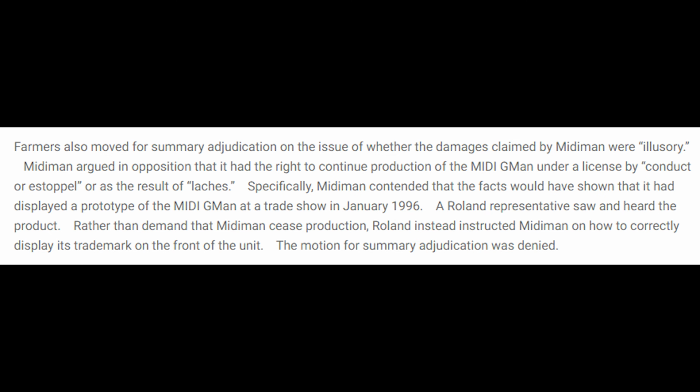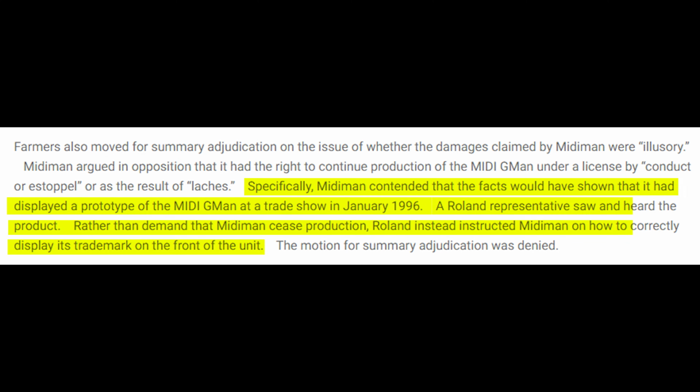Weirdly enough, Roland seemed to sit on their hands and didn't do anything despite having actual knowledge of this issue. In fact, a Roland representative reportedly saw and heard the MIDI-Man G-Man, and they decided not to do anything about it. In fact, apparently they instructed MIDI-Man on how to properly display the Roland GS trademark on the front of the unit.